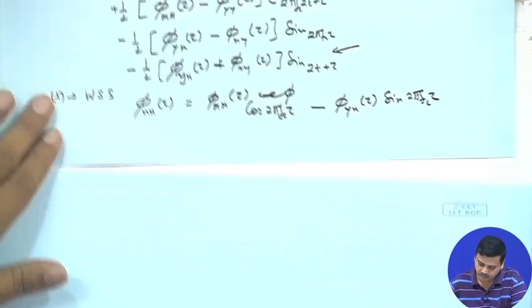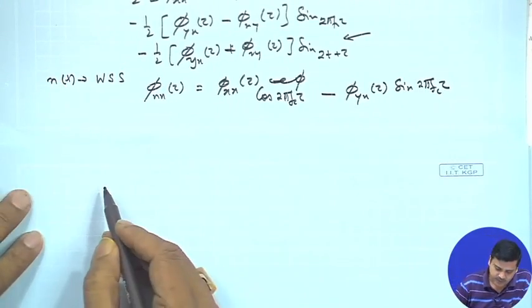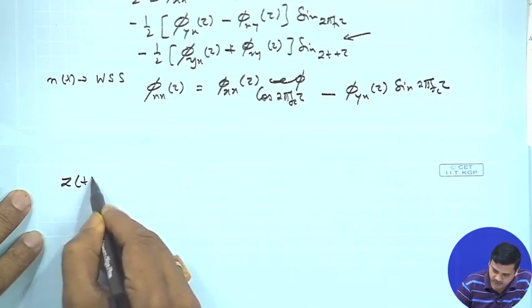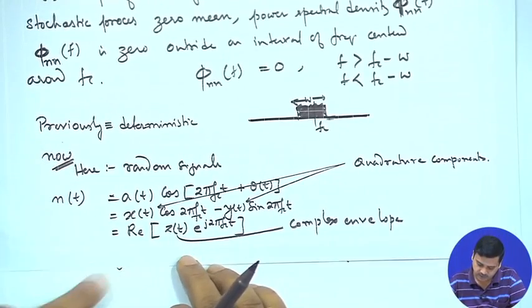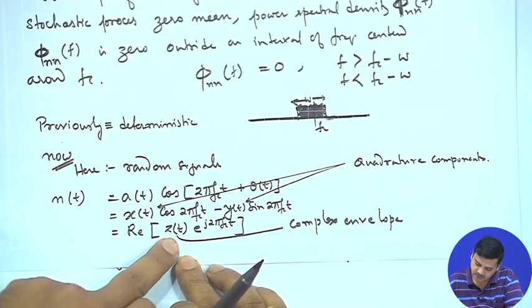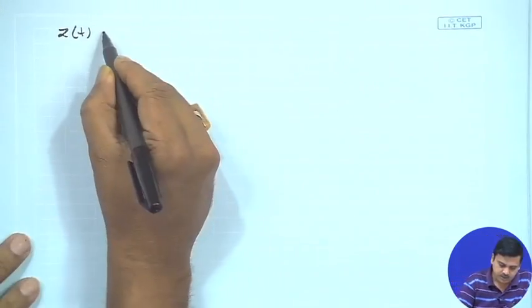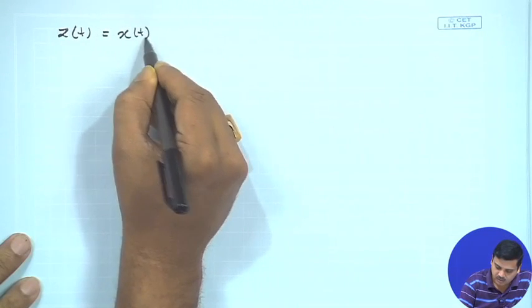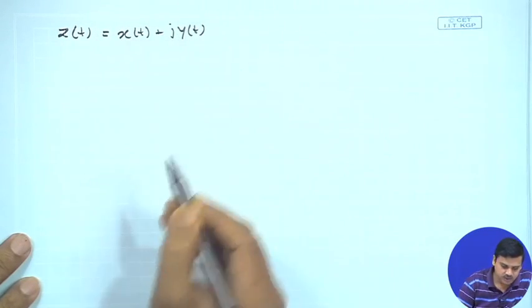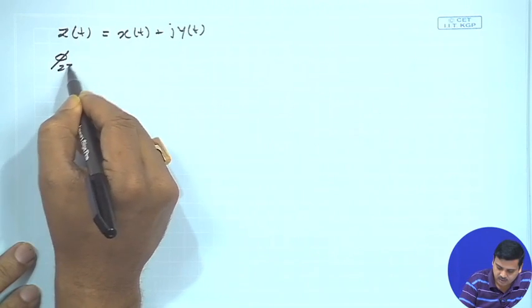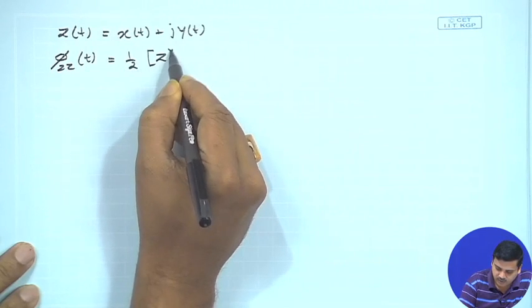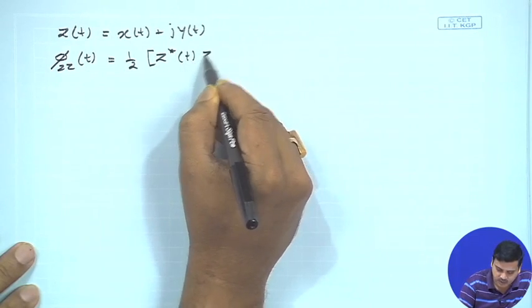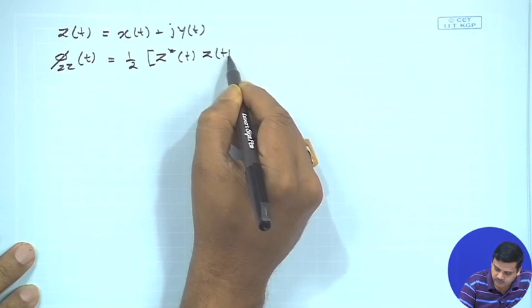Then we proceed further. Remember our z of t, the complex envelope of n(t). So z(t) we could write as x(t) plus j y(t), and hence phi zz of tau is equal to half the expectation of z conjugate of t times z of t plus tau.